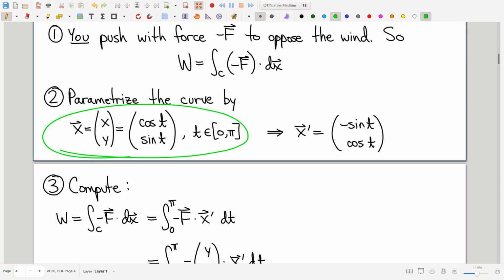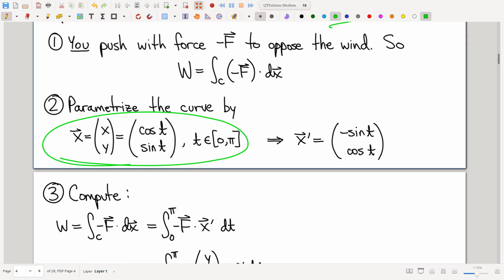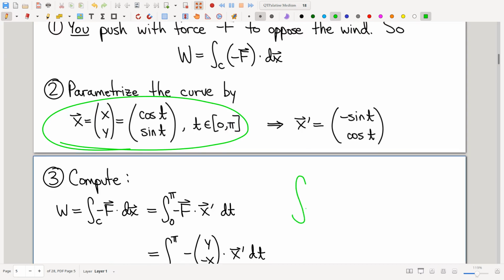We wrote this down. Now, of course, that goes counterclockwise. Our new example, we're interested in clockwise. But if we use the same parameterization, why couldn't we just write down the integral from pi to 0? Blah, blah, blah, all the same stuff.